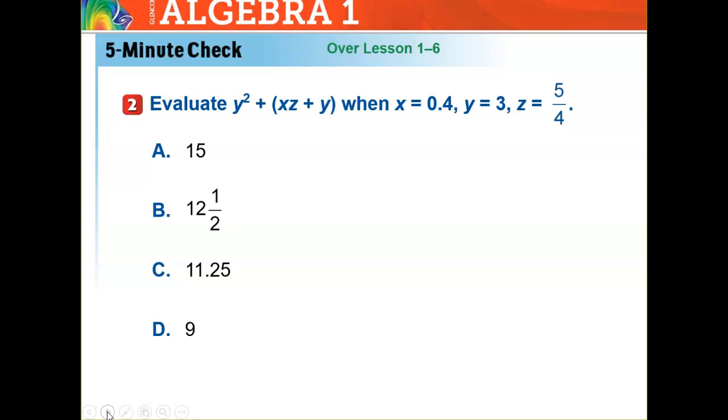Okay, question 2. Evaluate y squared plus xz plus y when x is 0.4, y is 3, and z is 5/4. Yes, you can get a calculator. There are some back here.